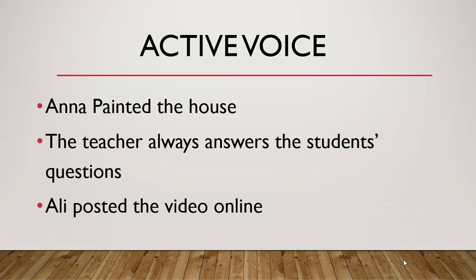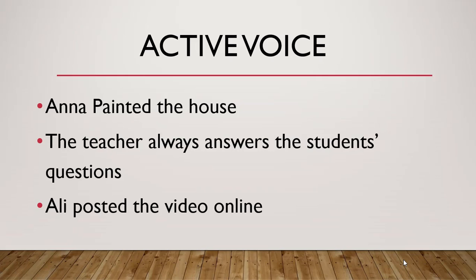Now let's look at some sentences. The first statement is: Anna painted the house. When you hear this kind of sentence, you see that the subject of the sentence is Anna. The verb is painted, and the house is the object.